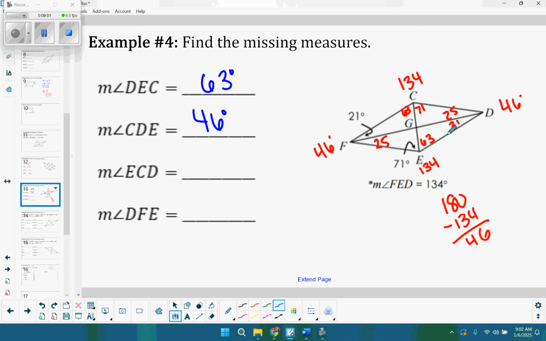E, C, D. If I trace E, C, D, it's pointing to the corner with the 71. And D, F, E, tracing D to F to E, is this corner here with the 25 degrees. This can get very confusing very quickly.